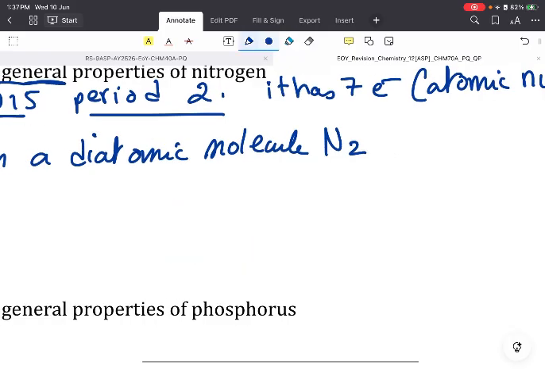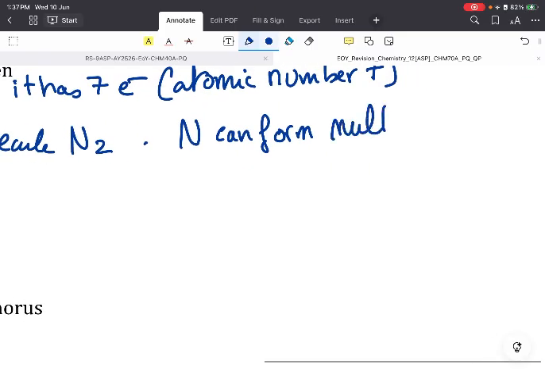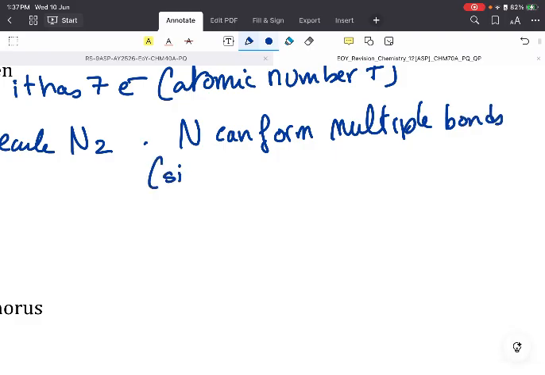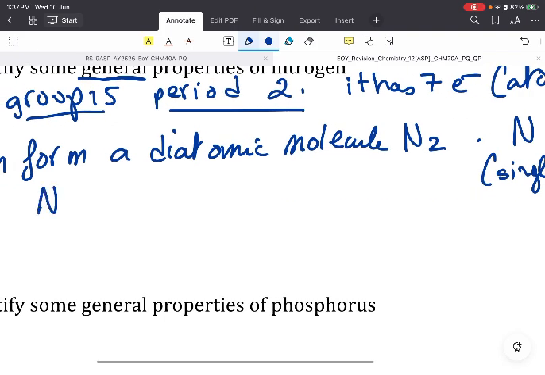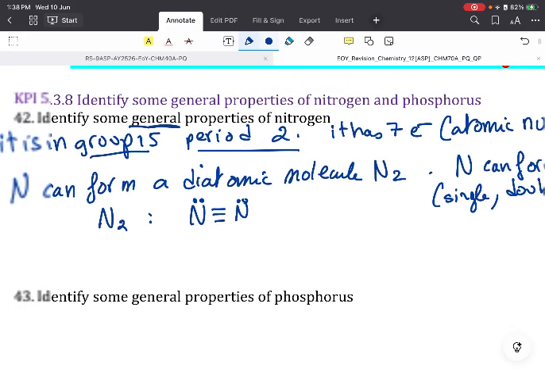Also, let's talk about the bonding. Nitrogen can form multiple bonds. And I mean by this single or double or triple when it bonds with other atoms. But N2 specifically, the bonding in N2 is a triple bond with one lone pair of electrons on each atom.